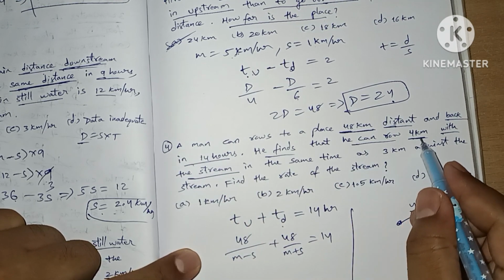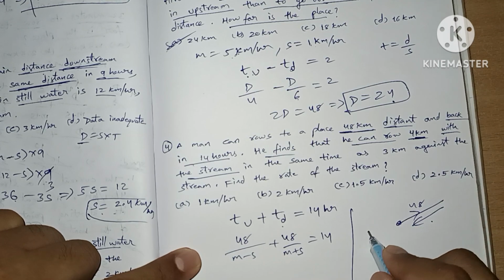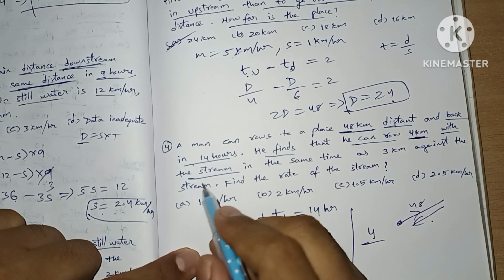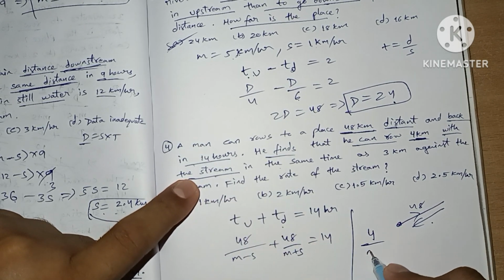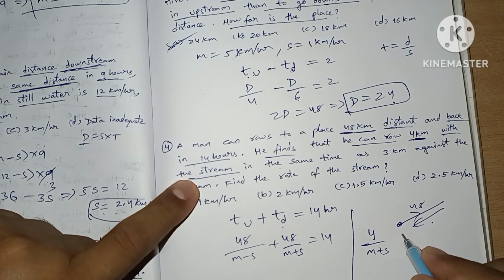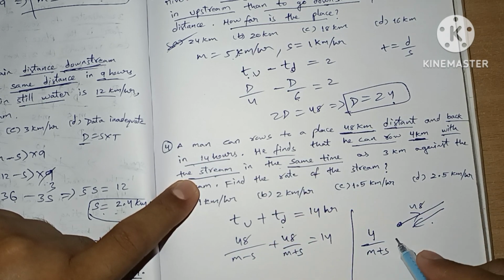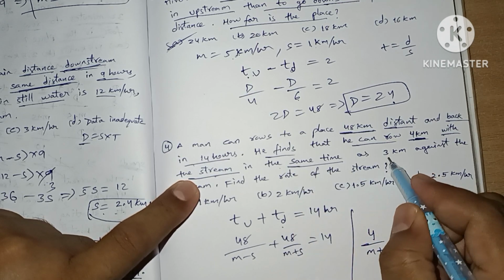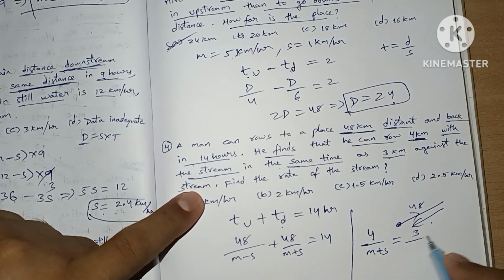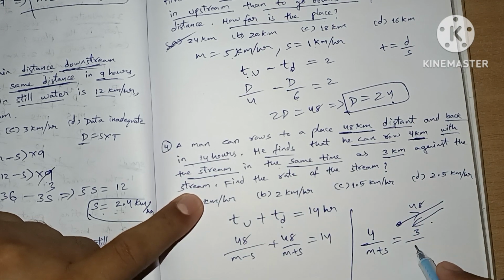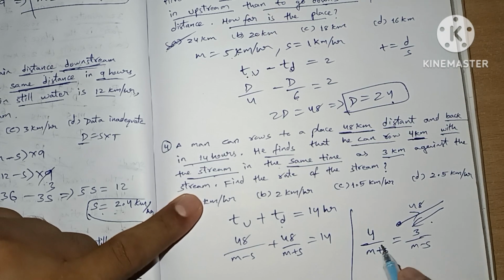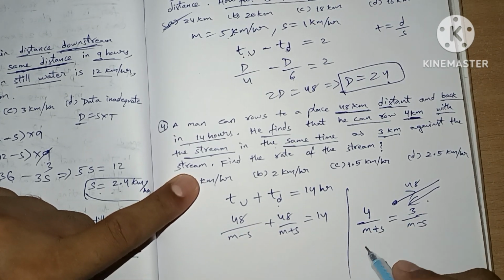He finds that he can row 4 kilometers with the stream. The statement here is 4 kilometers. Distance with the stream means M plus S. This takes the same time as 3 kilometers against the stream, meaning M minus S. So we have this condition.